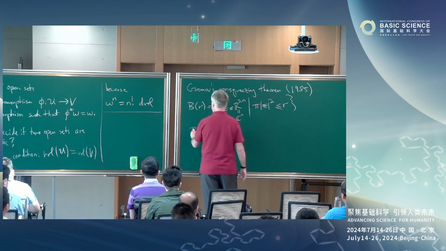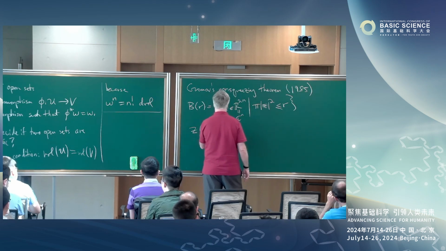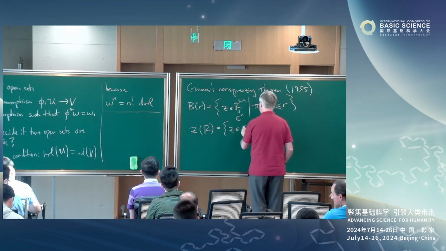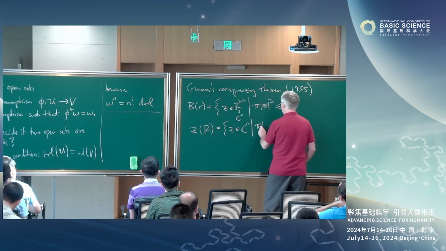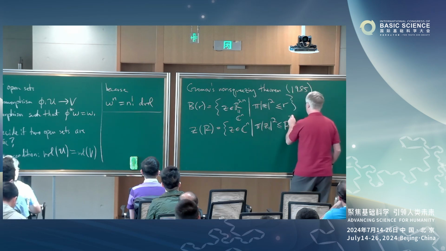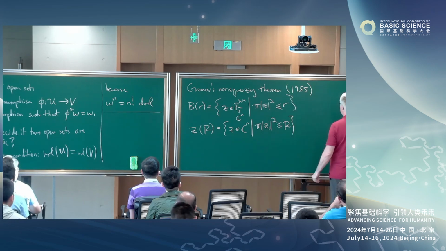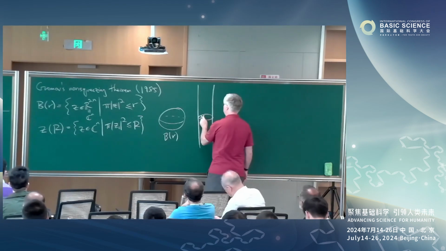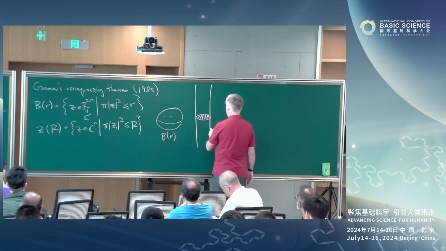And then the cylinder Z of R is z in Cn such that pi times the absolute value of the first coordinate squared is less than or equal to r. So the ball looks like this, and the cylinder looks like this. So it has a two-dimensional slice of area r.